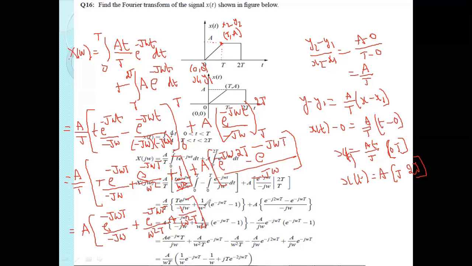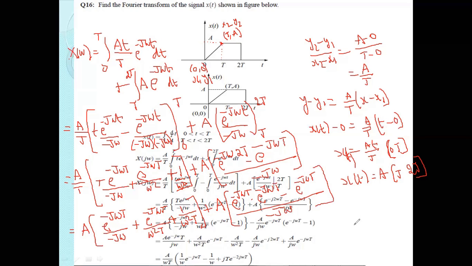And plus A, whole multiplied with, write this function as e power minus j omega T into e power minus j omega T minus e power minus j omega T whole divided by minus j omega.